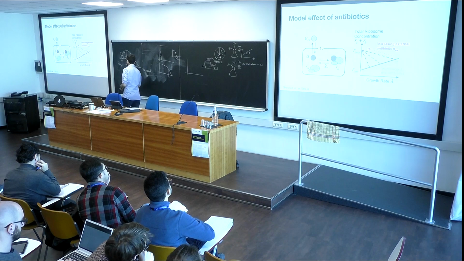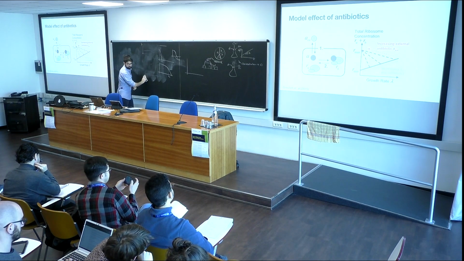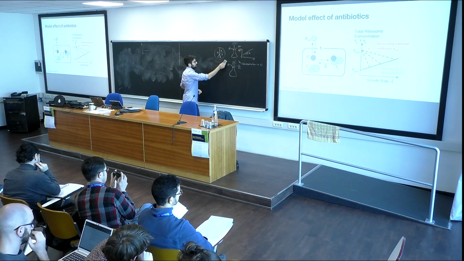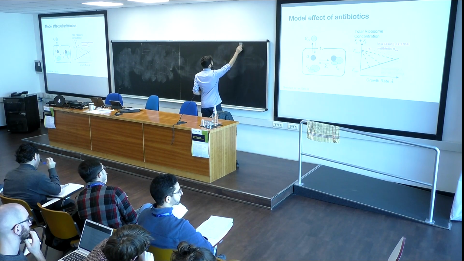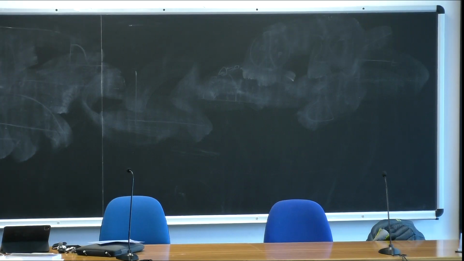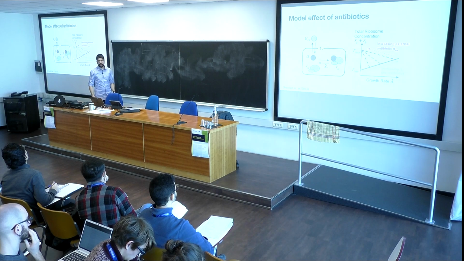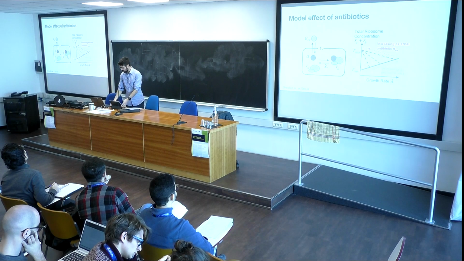Okay. So let's try to write a model. The model we want to write takes into account 2 main ingredients. One ingredient is something about what we discovered and discussed in the previous lectures. And the second ingredient is how antibiotics affect the functioning of ribosomes.